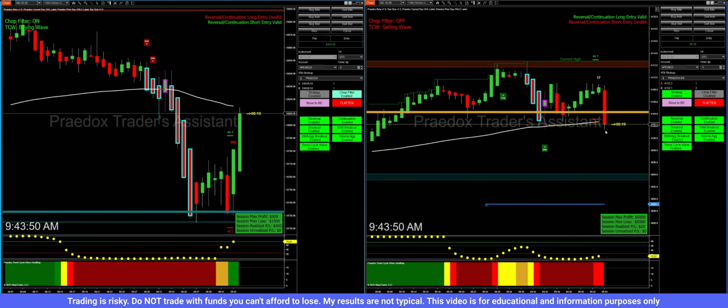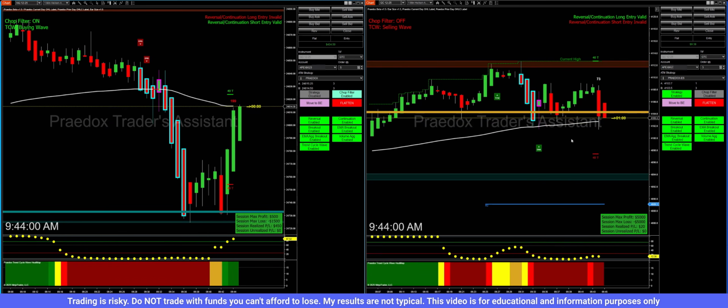We may get a trade to the downside. So you can see here on the heat map, it turned this lighter shade as we were moving up, and then price just weakened again, and we're now back into the dark red color.